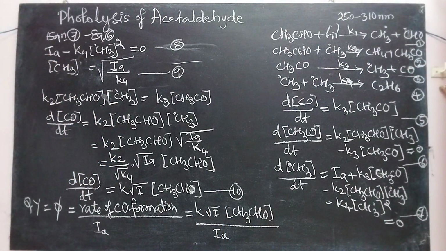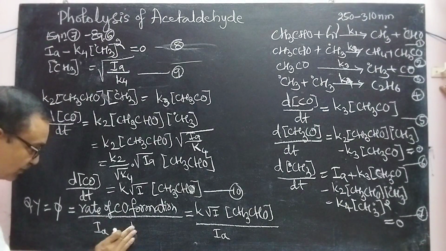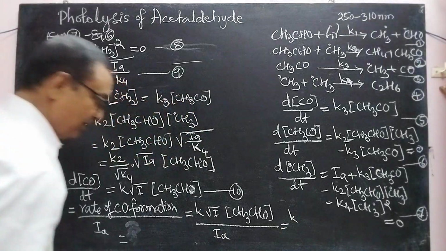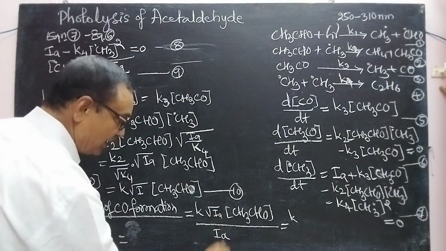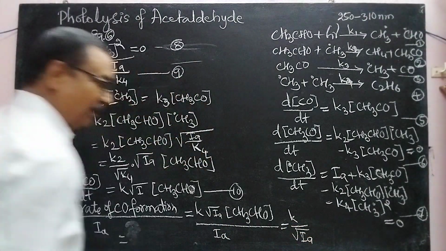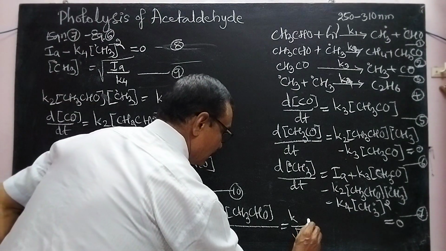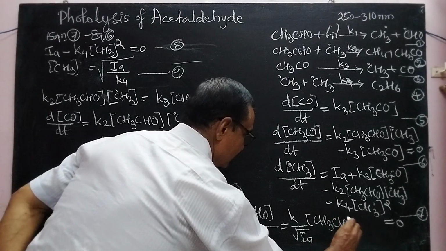Okay, and we may write this as K, which remains as it is, into the square root of IA in the denominator, that is the intensity of light radiation absorbed, then the concentration of CH3CHO.